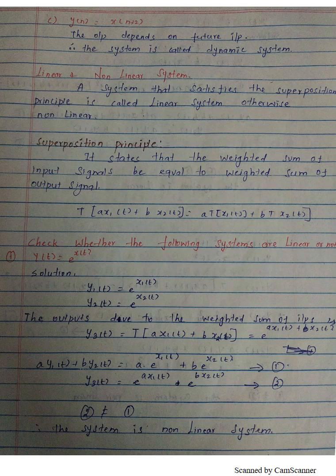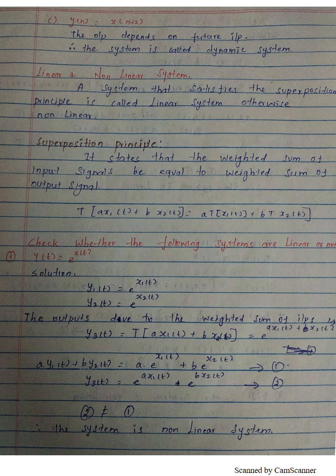Some examples are given. Check whether the following system is linear or not. y(t) = e to the power x(t) is given. Apply the superposition principle. What is the superposition principle? You find the sum of the input signals. So y1(t) = e to the power x1(t), and y2(t) = e to the power x2(t).